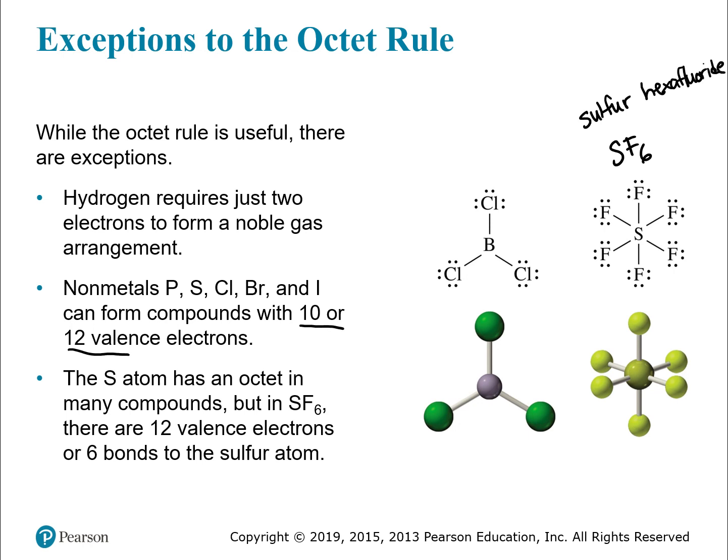That's sulfur hexafluoride. Clearly, far more than just 8 electrons for the valence for sulfur. These are exceptions. Recognize an exception, but you don't need to be able to determine whether or not you should write an exception or not. So don't start taking sulfur and making it have 12 valence electrons willy-nilly, okay?